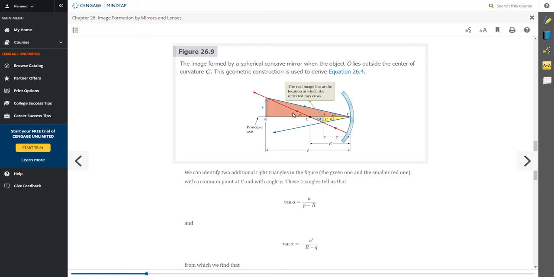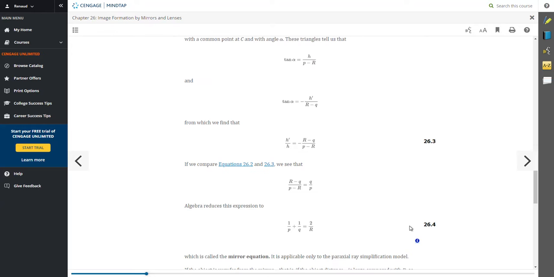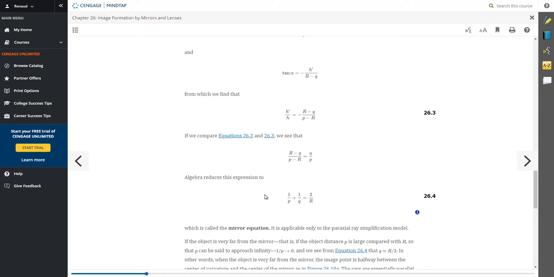Since opposite angles are equal, this angle alpha is equal to this angle alpha. Looking at this smaller triangle, the tangent of this angle is equal to the image height divided by the difference between the center of curvature and the image distance. So you can set those two equal to each other and do a little algebra, and you'll come up with this relationship between the image and object distances and the center of curvature.